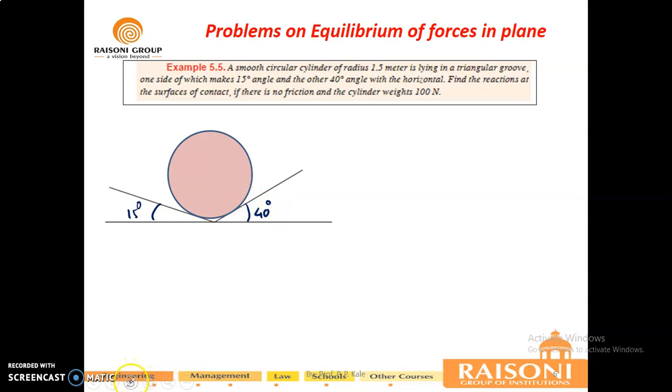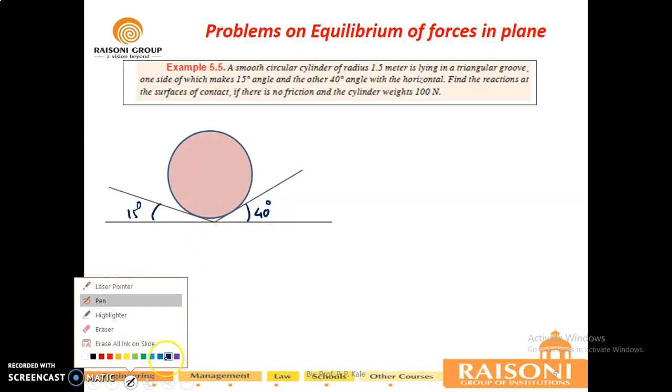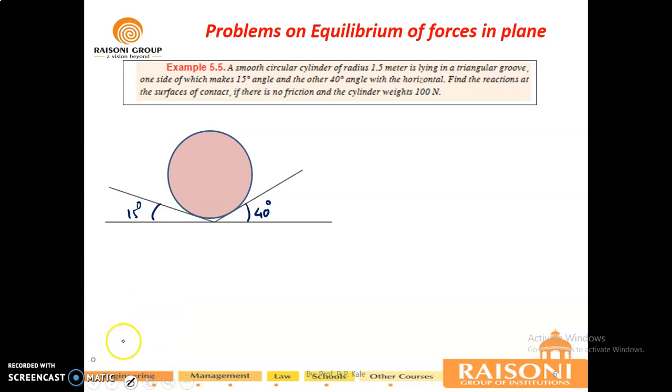Now consider free body diagram of this cylinder. Now if this will be the center point of this circular cylinder, then its weight will act vertically downward, and that is given to us as 100 Newton. Now I have said in my previous lecture that wherever the body gets in contact with any other surface, it will produce a normal reaction towards the body.